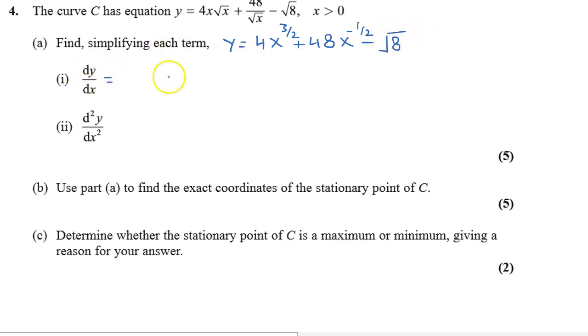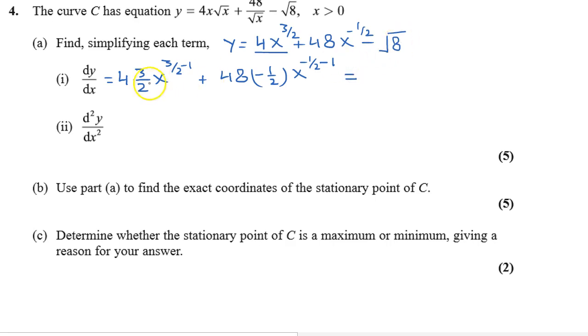So dy over dx is, first we take the first term, 4 x to the power 3 over 2. So it means 3 over 2 x to the power 3 over 2 minus 1, plus 48 x to the power minus half. So this is minus half x to the power minus half minus 1, and this will be 0.